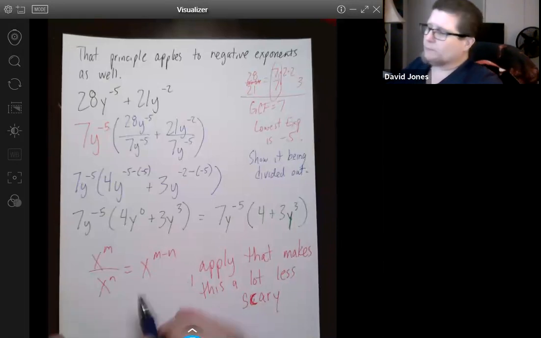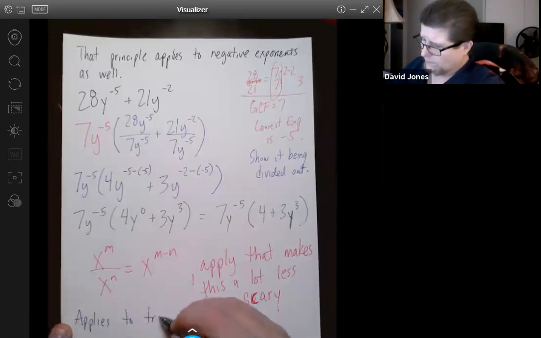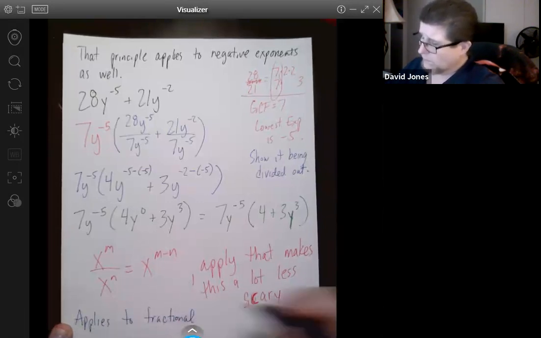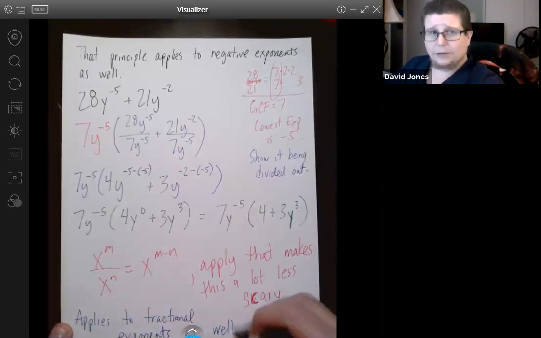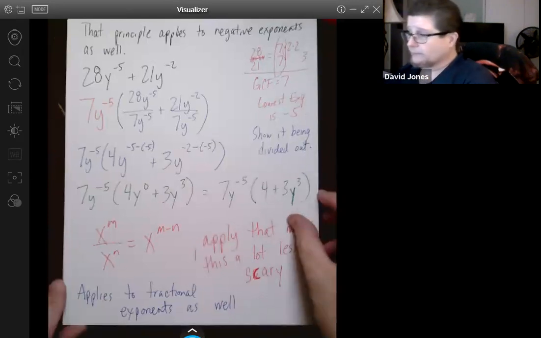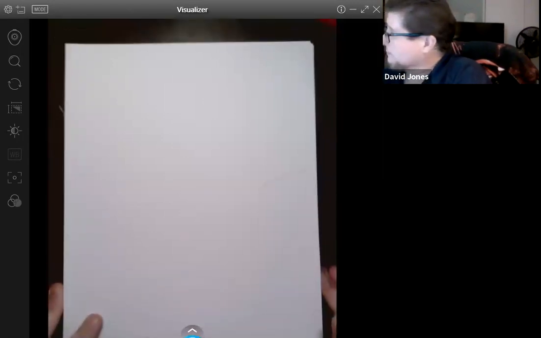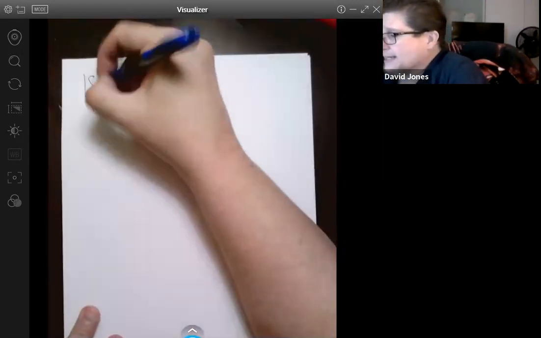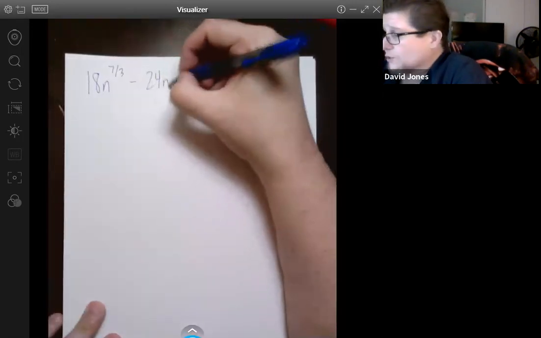It doesn't just apply to negative exponents, it applies to fractional exponents as well. So let's take a look at one of those. Let's do 18n to the 7/3 minus 24n to the 1/3.